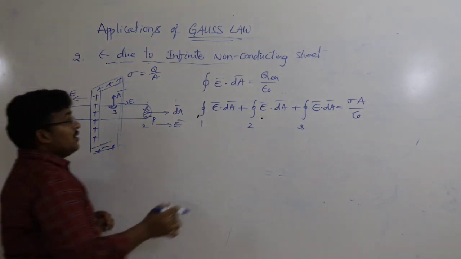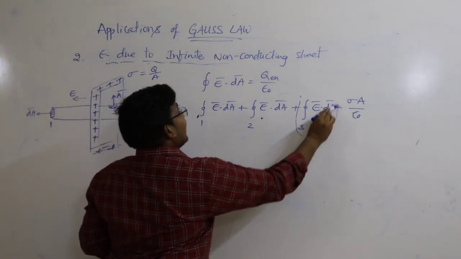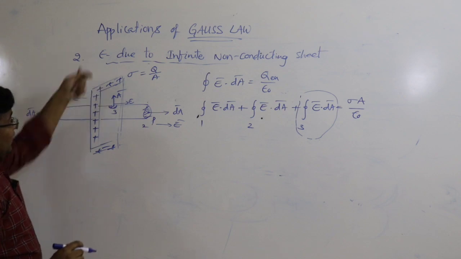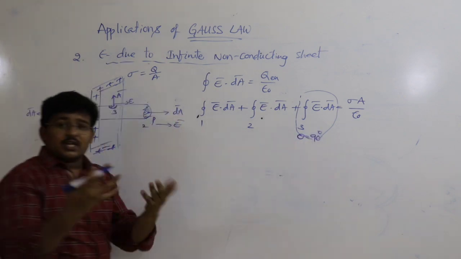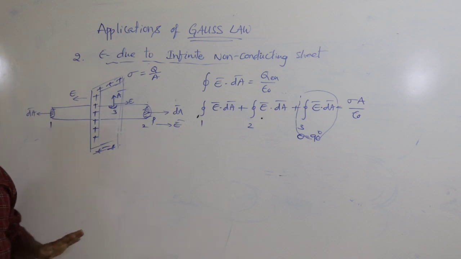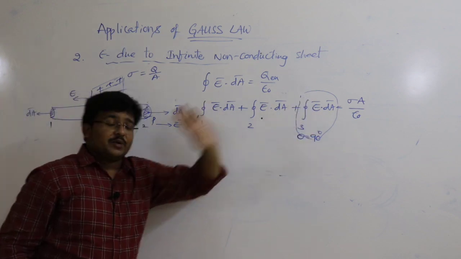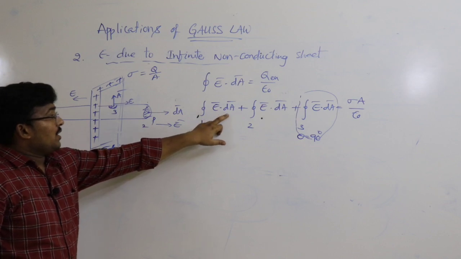As we know, for the third surface the angle is 90, so theta is 90 degrees, so there is no flux and the field term is 0, and here E into dA.